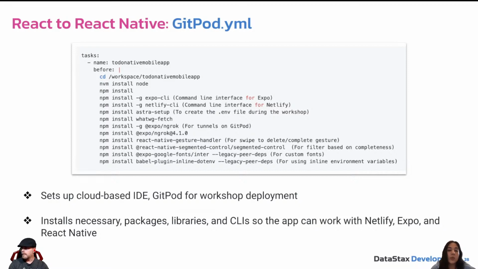A couple other things that we added are custom fonts. We just used Inter for simplicity, but you can use any custom Google font that you have. And then we also added a plugin for using our environment variables inline in our files. That was using Babel, so that we could switch environments easily and switch our API calls accordingly.